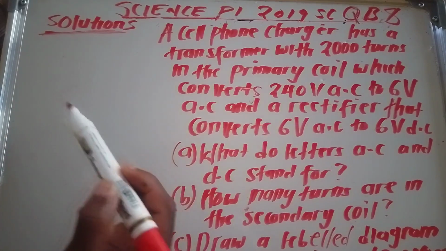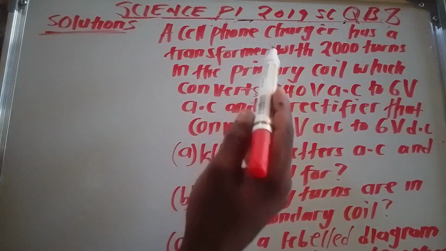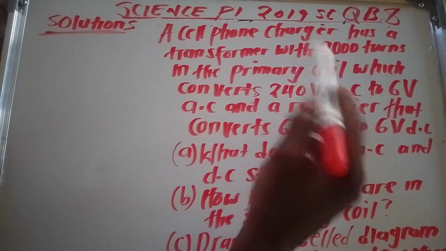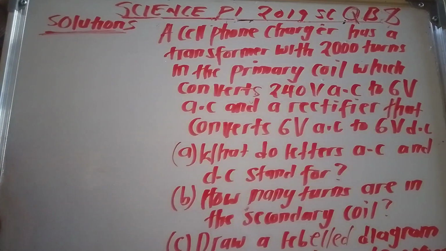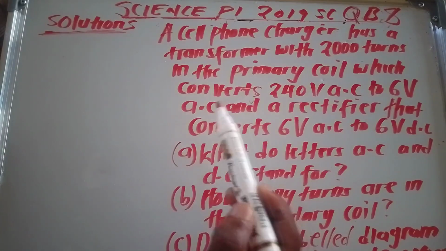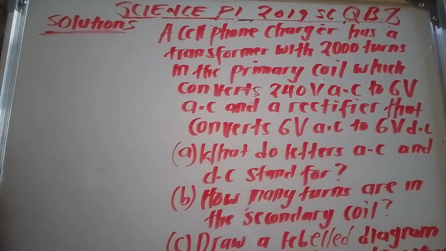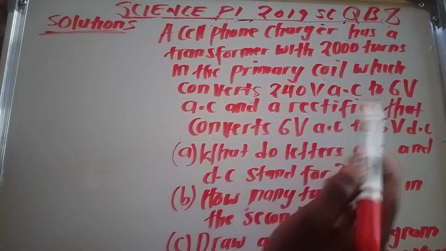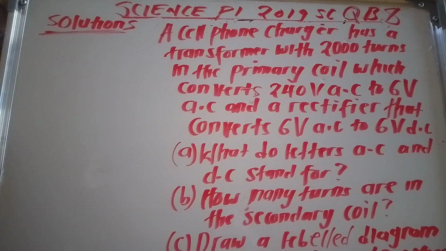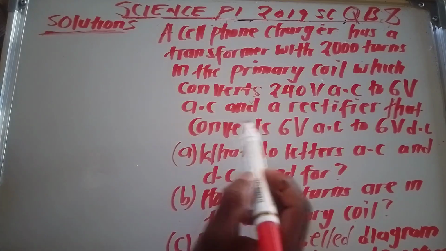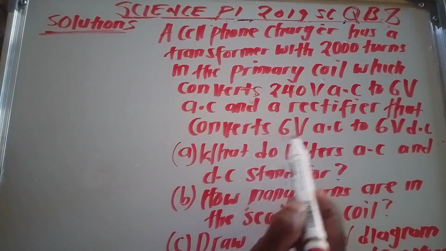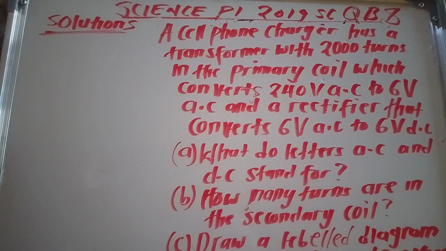So we have a phone charger with a transformer, and this transformer has 200 turns in the primary coil. This same transformer converts 240 volts AC to 6 volts AC, and it also has a rectifier that converts 6 volts AC to 6 volts DC.